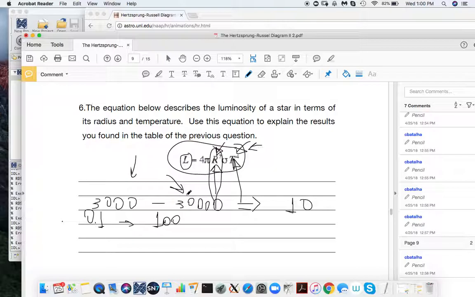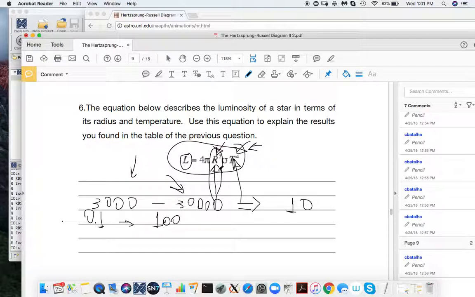But the radius of a star is something phenomenal. It's not a small number like temperature is. It's a big number. And what determines the luminosity is the size of the star, right? Although it goes to the square. So the bigger the star is, the more luminous the star will be.